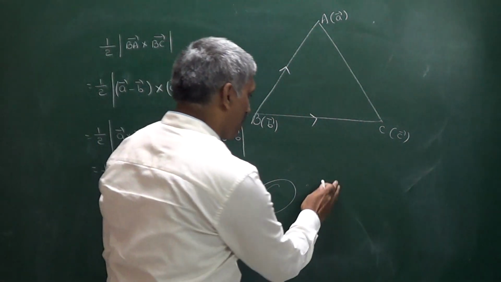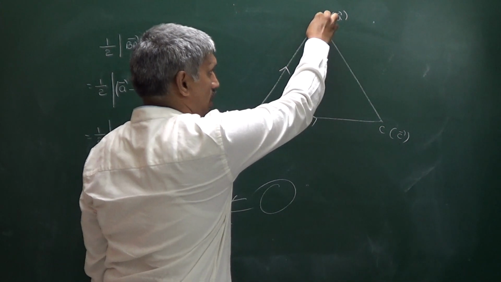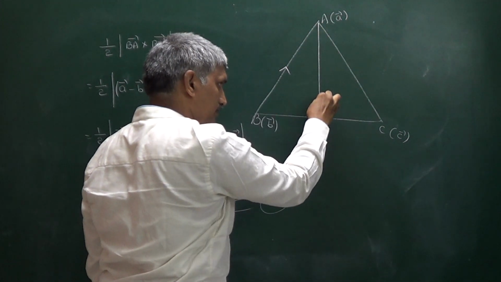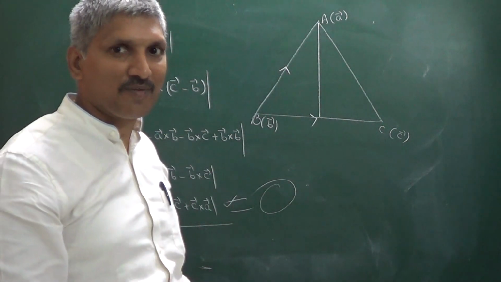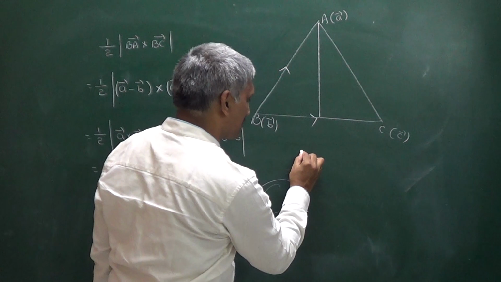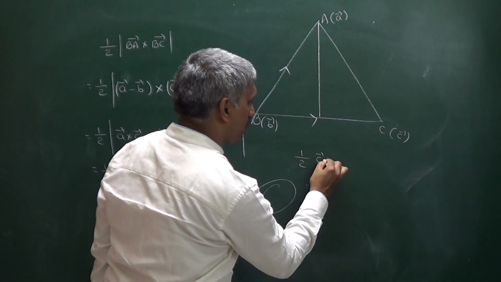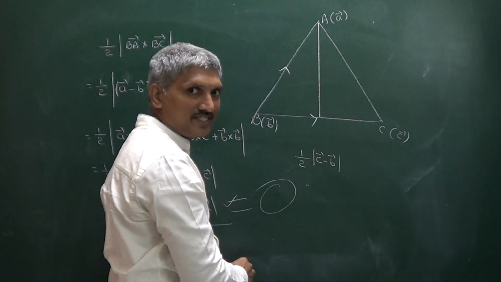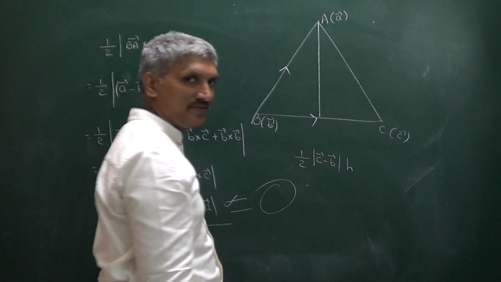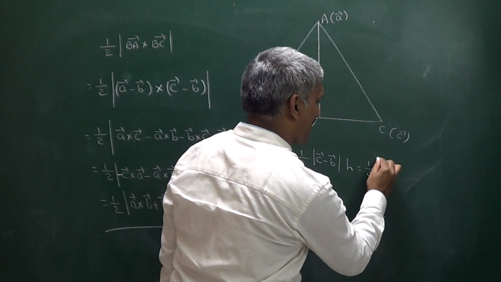At the same time, observe here, from this point A onto this side, we have to find the perpendicular distance. How to find the perpendicular distance? Half into magnitude of C bar minus A bar, half into base into height is equal to area of a triangle. What is the area of the triangle we got?